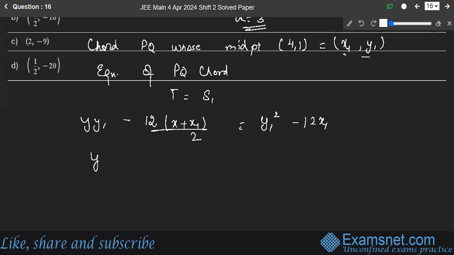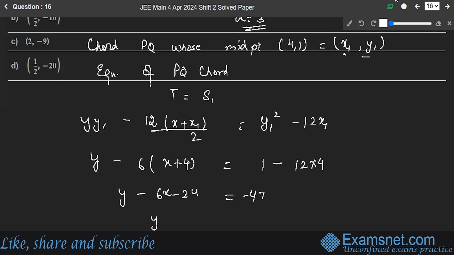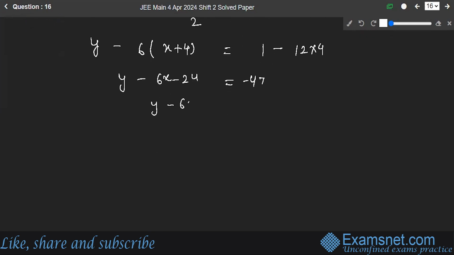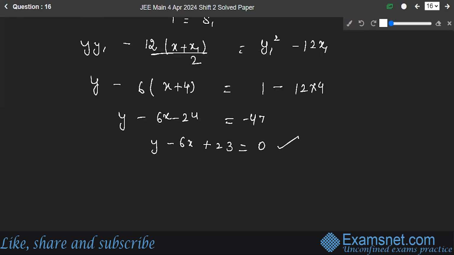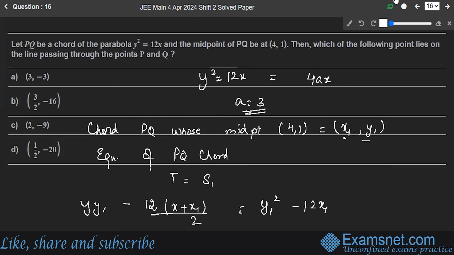We will have y minus 6 into x plus 4 is equal to 1 minus 12 into 4. You will have y minus 6x minus 24 is equal to 1 minus 48, or y minus 6x plus 23 is equal to 0. This is the equation of the chord. Now let's see which point satisfies this equation.